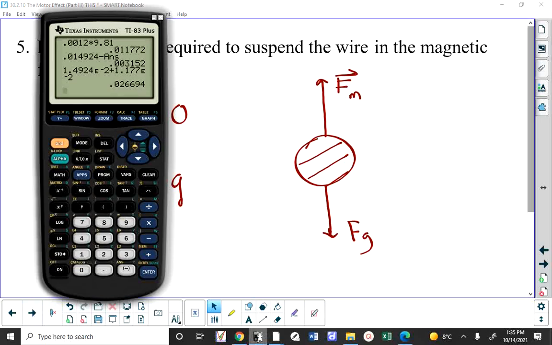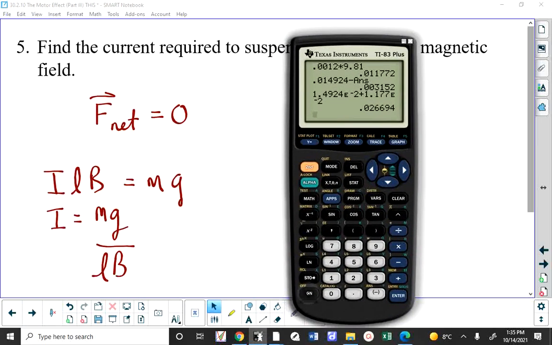I'm going to go by memory here, so I may need some help, but I believe the mass was 1.2 grams. The length of the wire in the magnetic field was 6.5 centimeters, and the magnetic field was 82 millitesla.